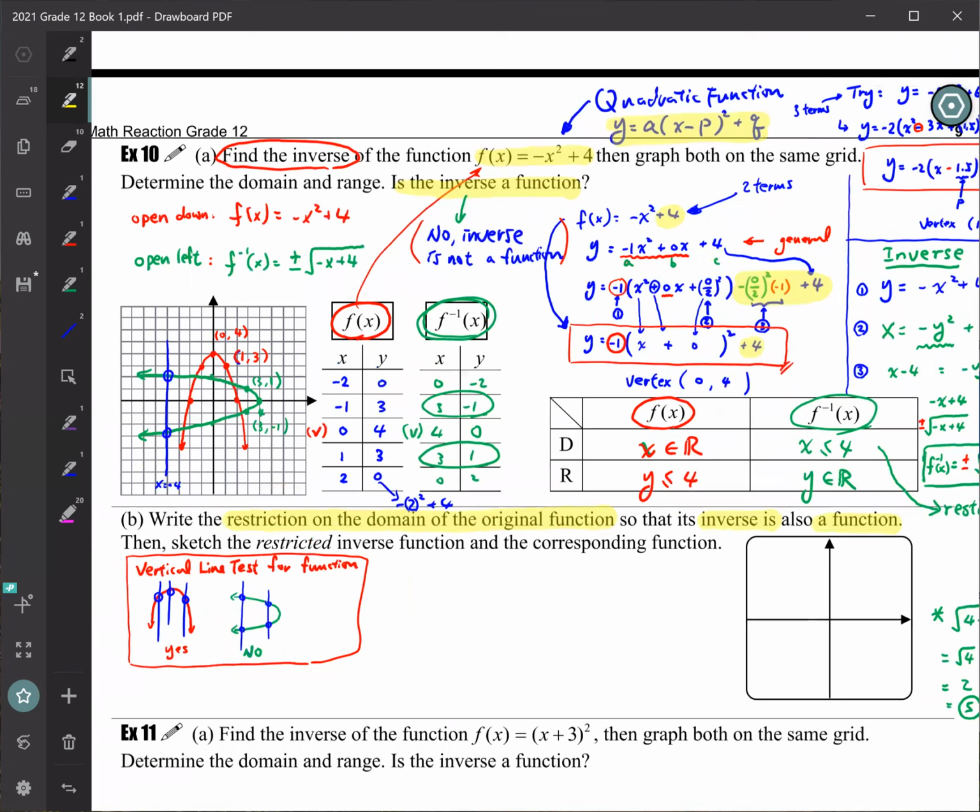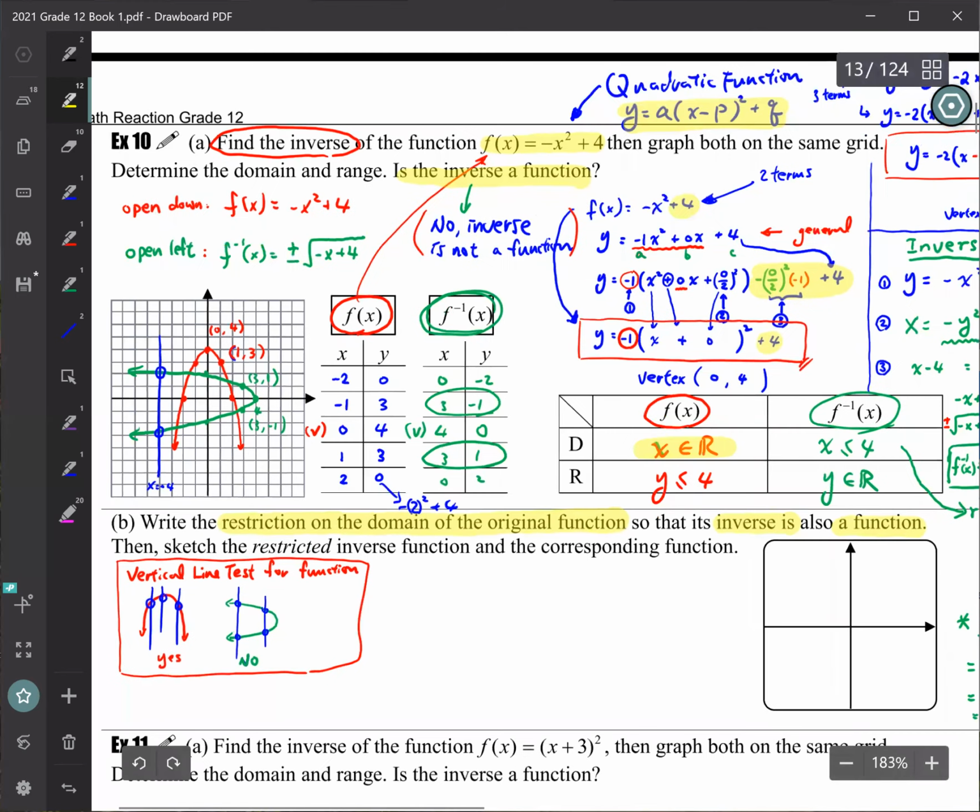So what that means is, the domain of the original is real numbers, so it doesn't have restriction on it. You want to restrict that, meaning you make it smaller. Instead of going to the left and to the right forever, you want to cut it, so that when you do the inverse, the new inverse graph will be a function.